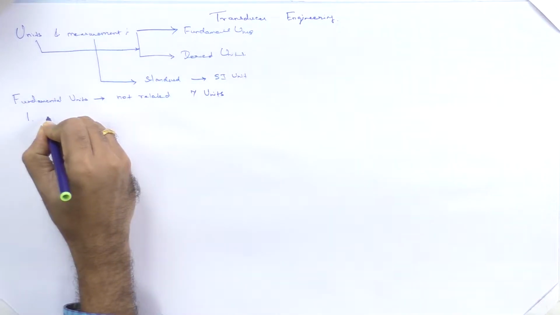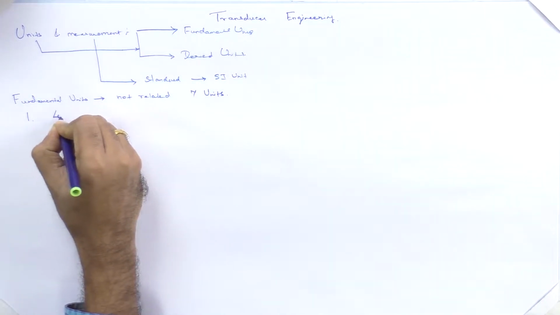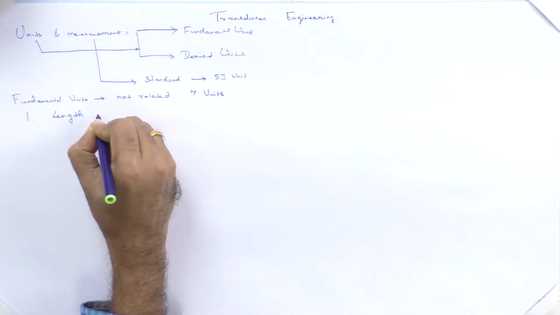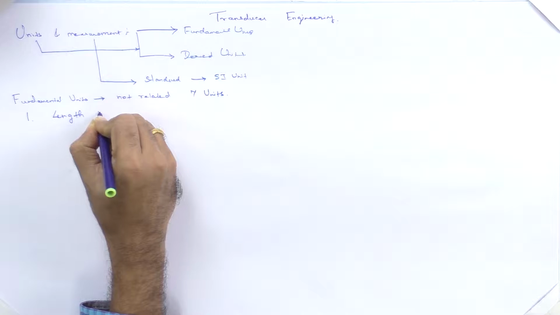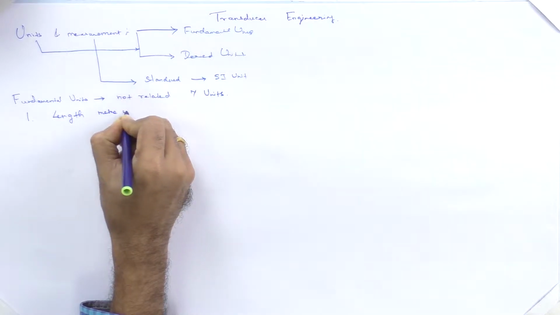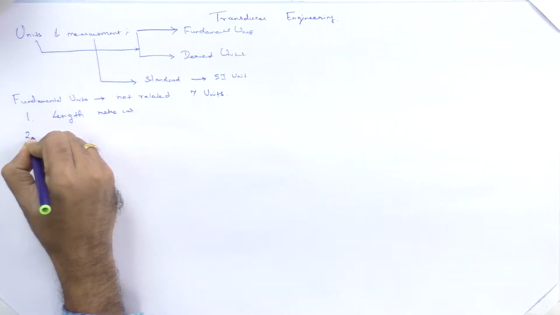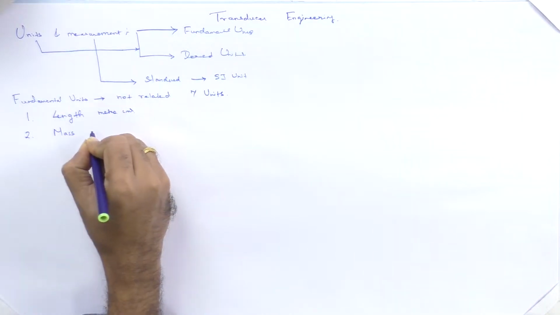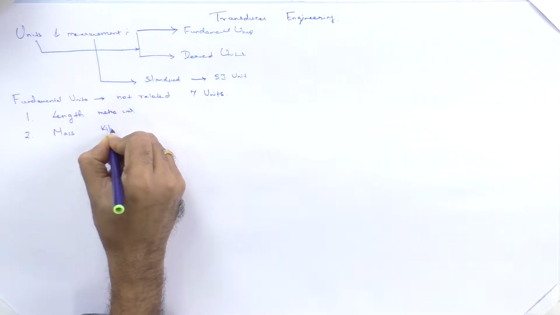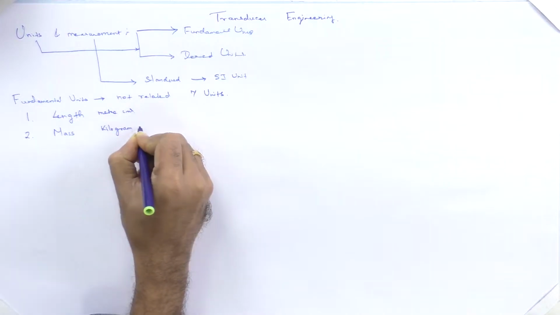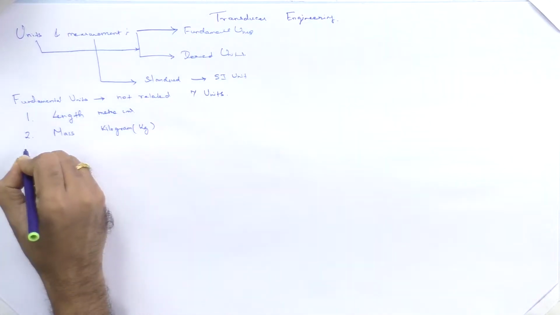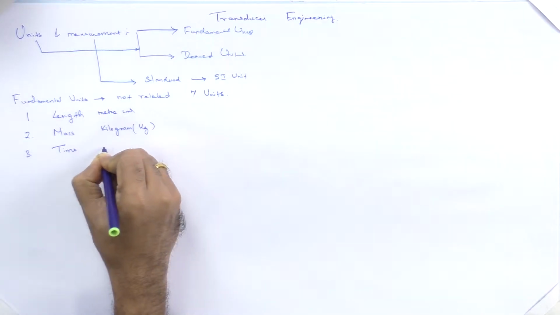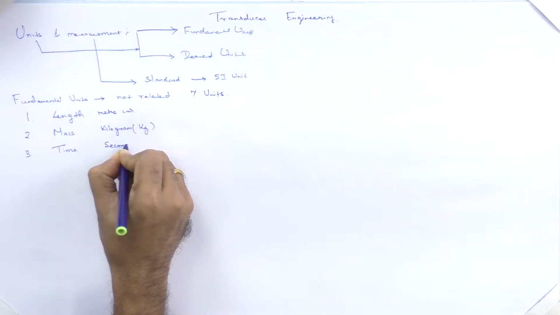The basic thing is to measure length, which is represented by a unit known as meter. The next one is mass, which is represented by kilogram or kg. Third one is time, which is represented with the unit of seconds.